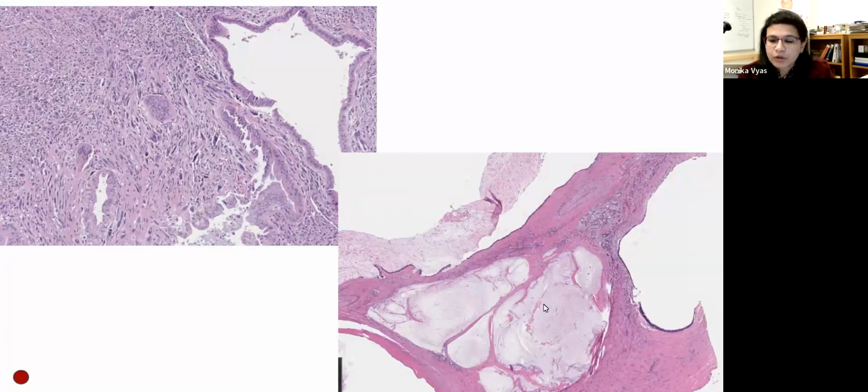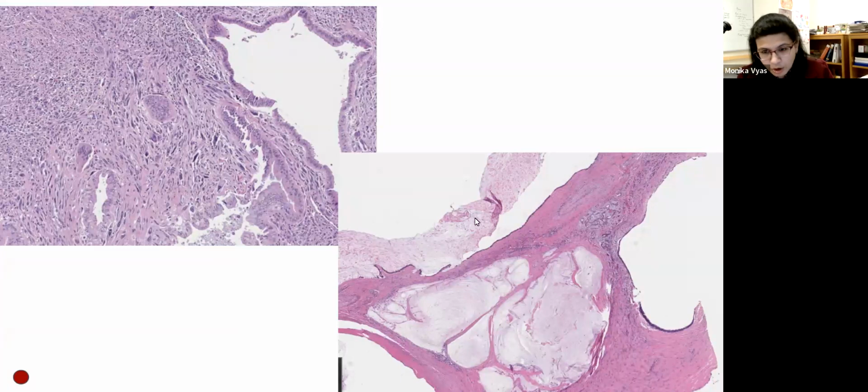And then on the bottom right, we have an example of a colloid type carcinoma of the pancreas. With this morphology, the tumor is composed of lakes and pools of mucin within the pancreatic stroma. Some of these pools may be either completely or incompletely lined by neoplastic cells.